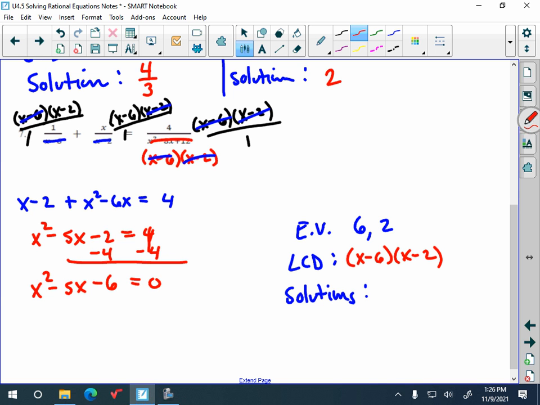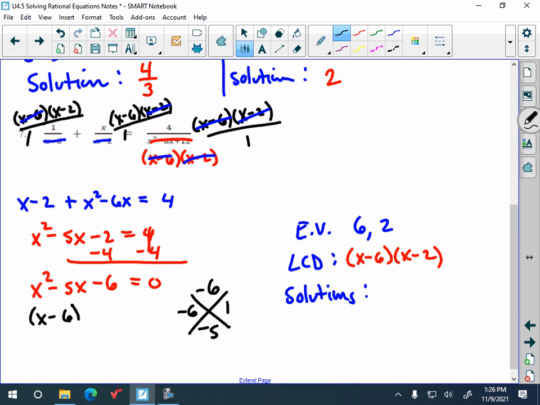So now I have a trinomial. Okay, 3 terms. I use the x method for factoring. So negative 6 on top, negative 5 on the bottom. So 2 numbers that multiply to negative 6 but add to negative 5. Good, negative 6 and positive 1. Now remember, those are not the solutions. Those are the numbers that go into the factors.